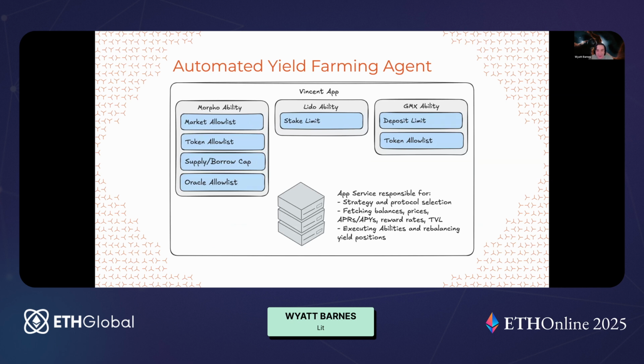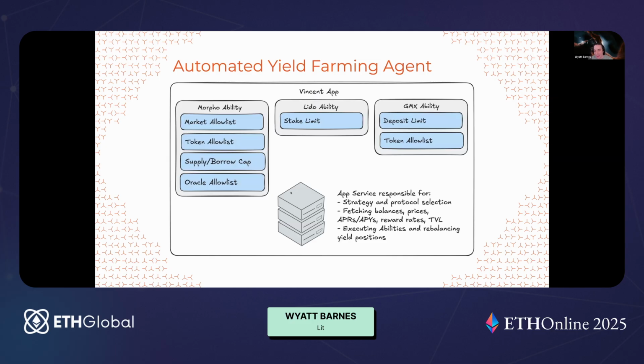I am running out of time, so I'm going to try to speed run these. Another idea is automated yield farming. Similarly, it's a Morpho ability across Morpho vaults, a Lido ability for staking, and GMX for futures trading. The idea is that the app would be able to look at all of these different protocols and figure out what's going to offer you the biggest return on your investment, and it's the app service that's making that decision.